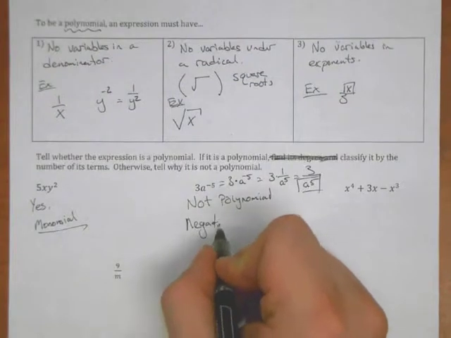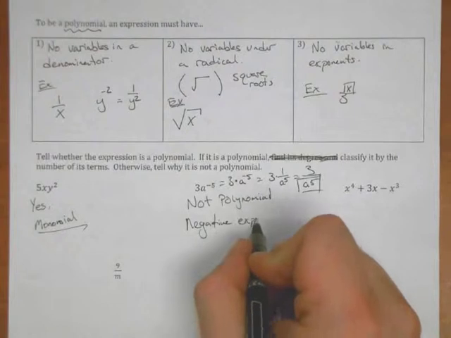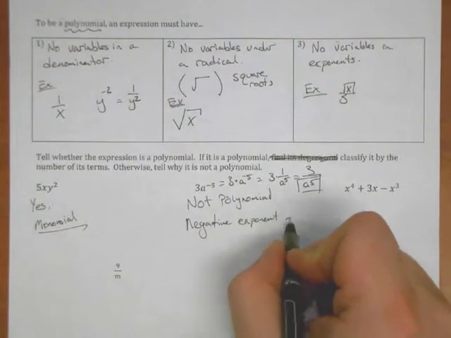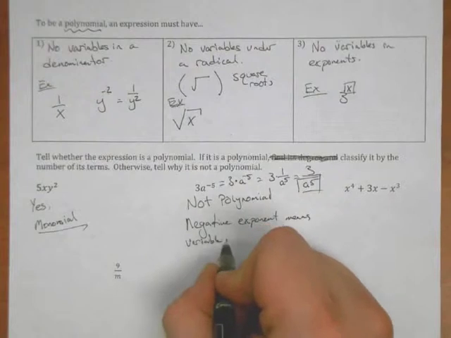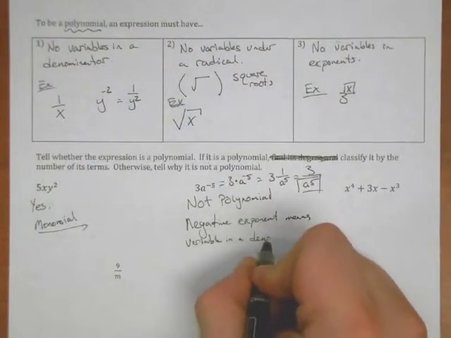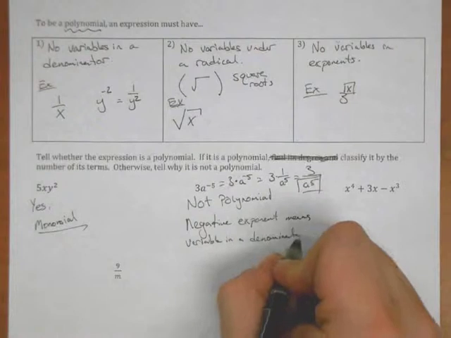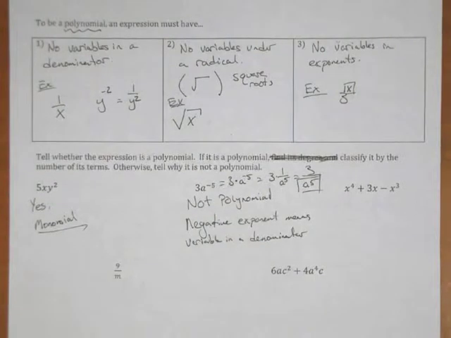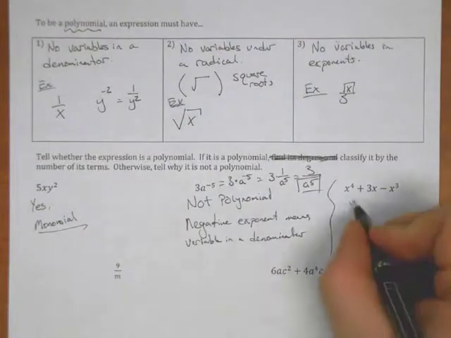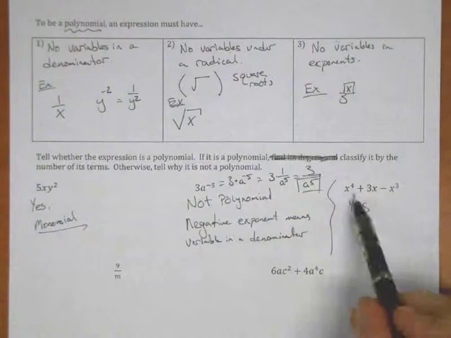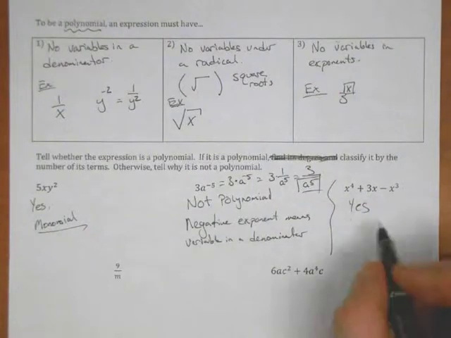A negative exponent means a variable in a denominator. This one looks good, pretty normal looking. There are 3 terms, so this is a trinomial.